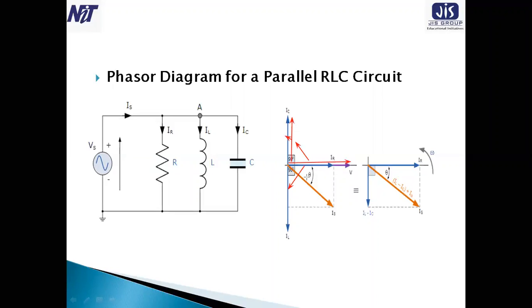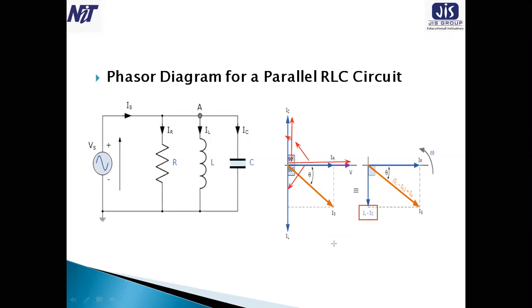Now if we redraw the circuit again, then we will find the second diagram of the phasor diagram. In the second diagram, it is written IL minus IC. That means the circuit is an inductive circuit. For that reason, it is IL minus IC.